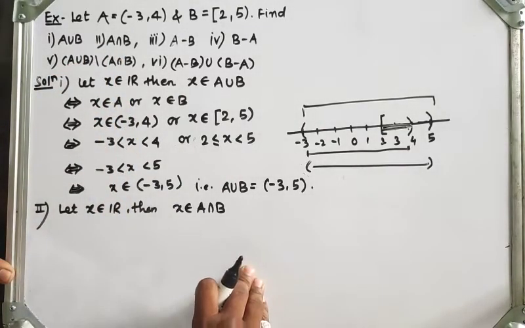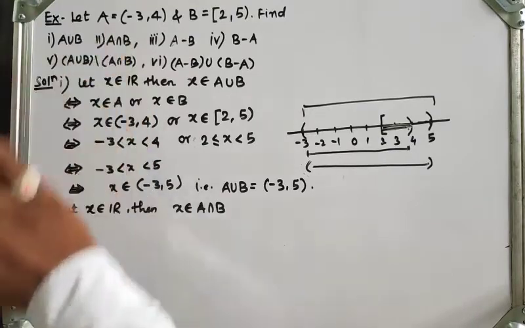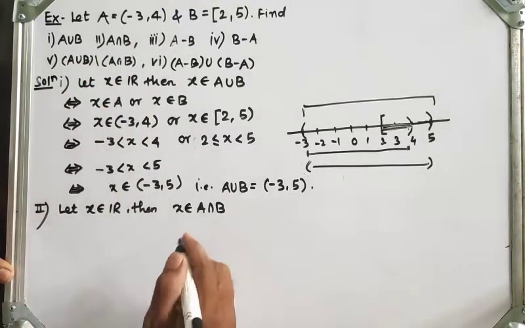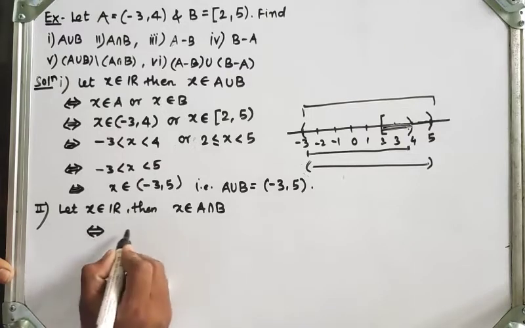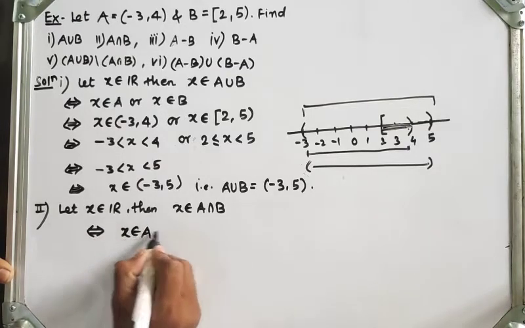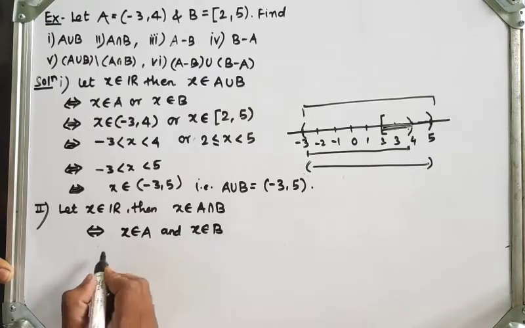Intersection is the set of all those points which belong to both sets A and B. So what is the meaning of that? If and only if x belongs to A and x belongs to B.